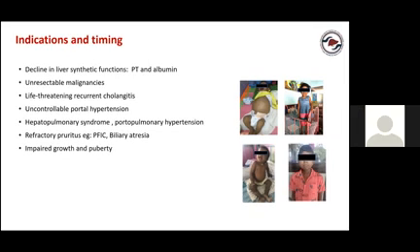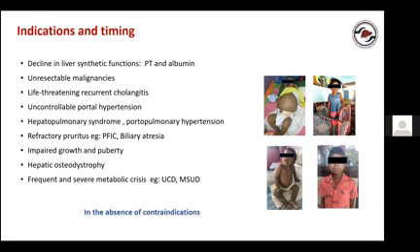Impaired growth and puberty and hepatic osteodystrophy, recurrent fractures might be an indication. When it comes to metabolic disorders with preserved synthetic functions, frequent and severe metabolic crises would warrant a liver transplantation. And all these indications would come into play where you have looked into contraindications.